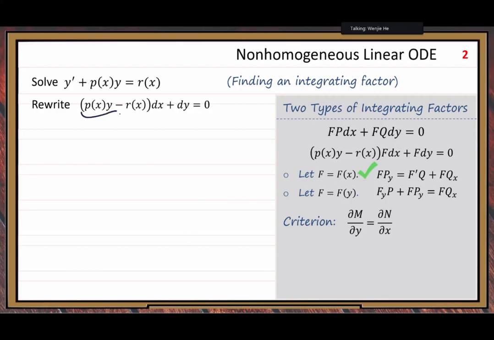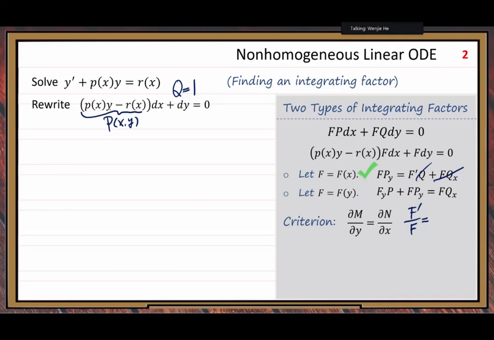Q is 1, right? This is gone, so Q is 1. So F prime over F equals P sub y.